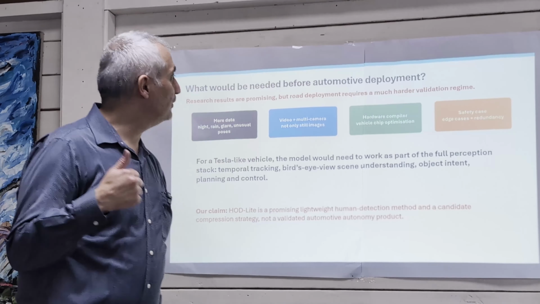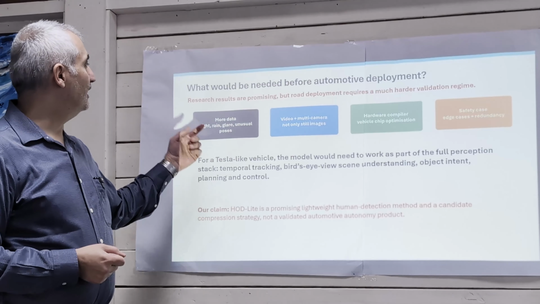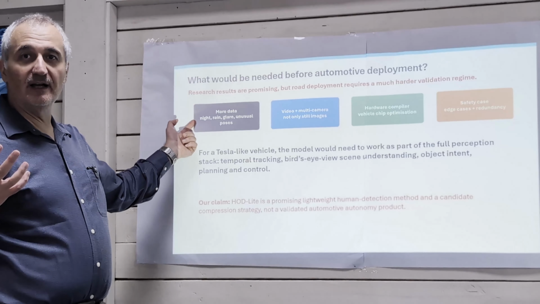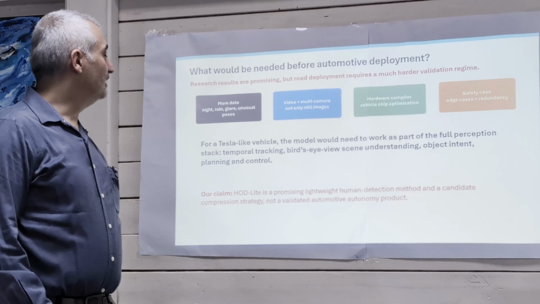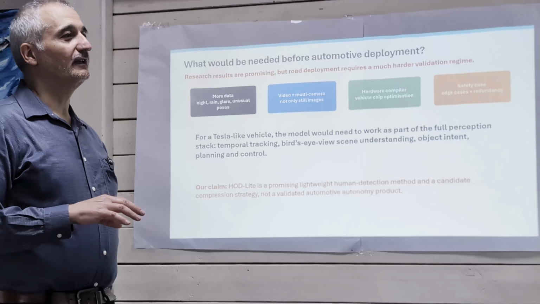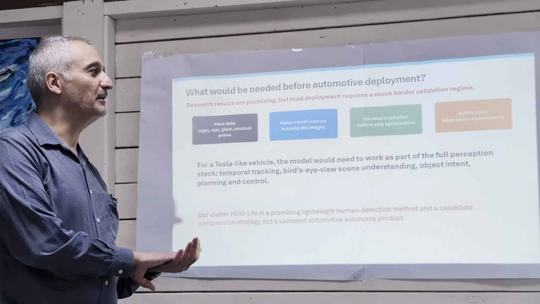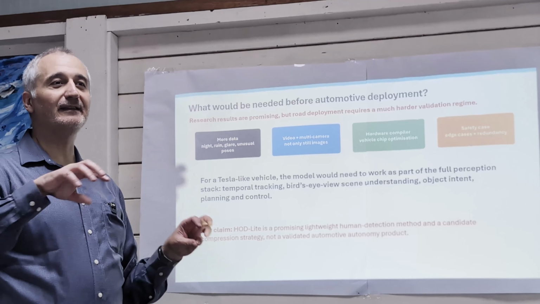What we would need to be able to deploy it, obviously, is more data on more noisy environments. We used the data that was available online because it's very difficult, well, not difficult, but to get a large data set with humans in them. It's ethics approvals.